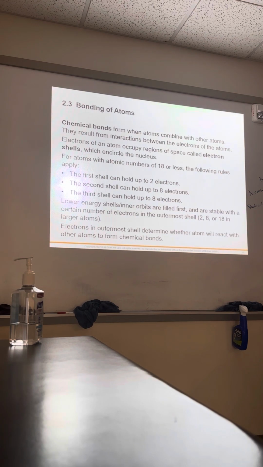All right, and then the different chemical bonds. Who can give me a summary of what you remember about the different bonds? Ionic bond, covalent bond. You're right. Those are good ones.